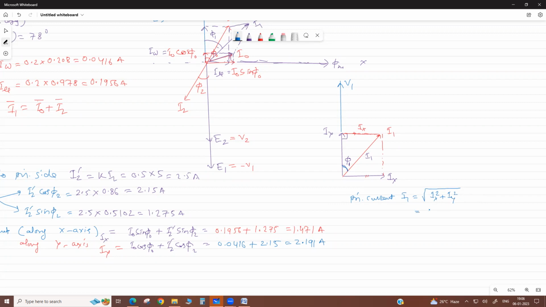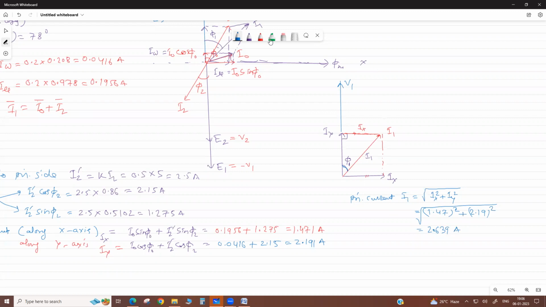So it is the square root of 1.47 whole square plus 2.19 whole square. It comes 2.639.